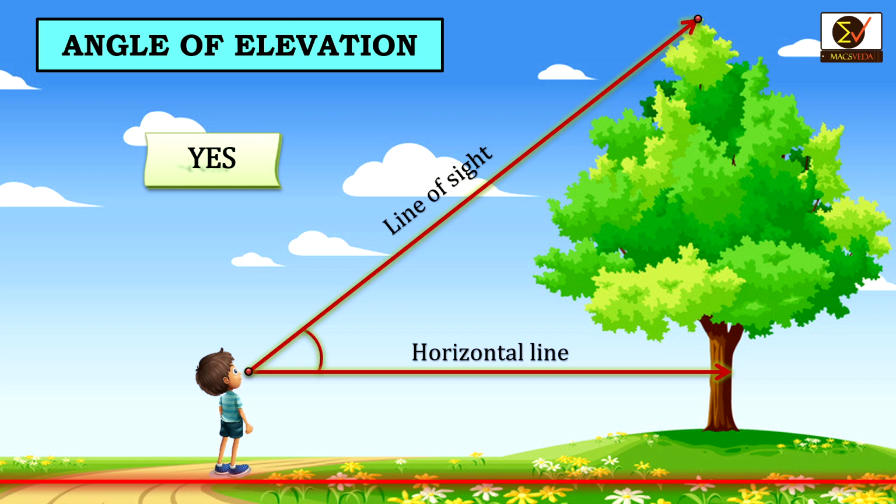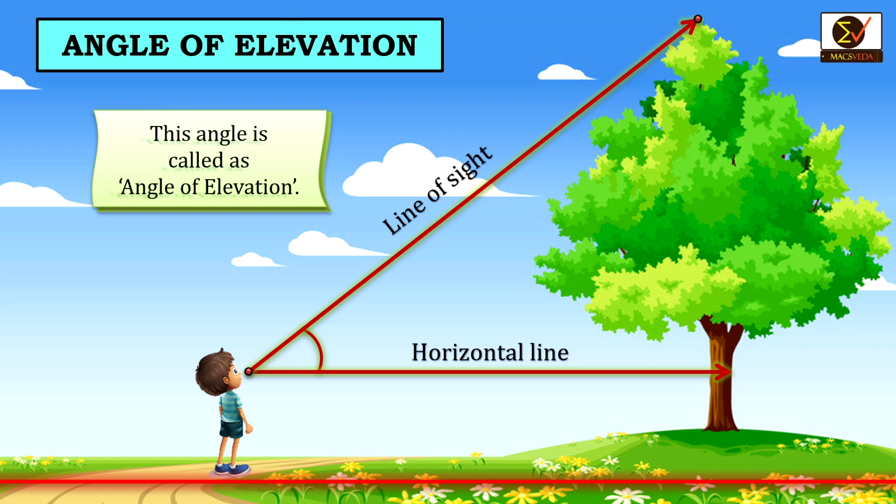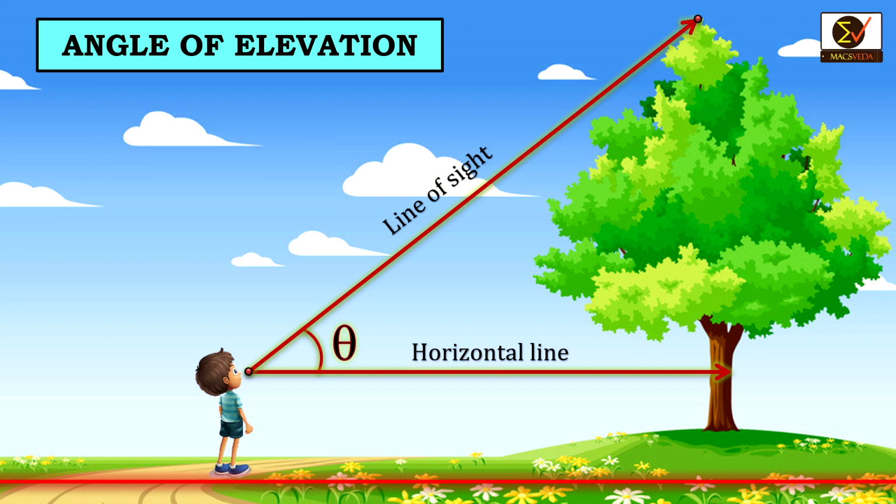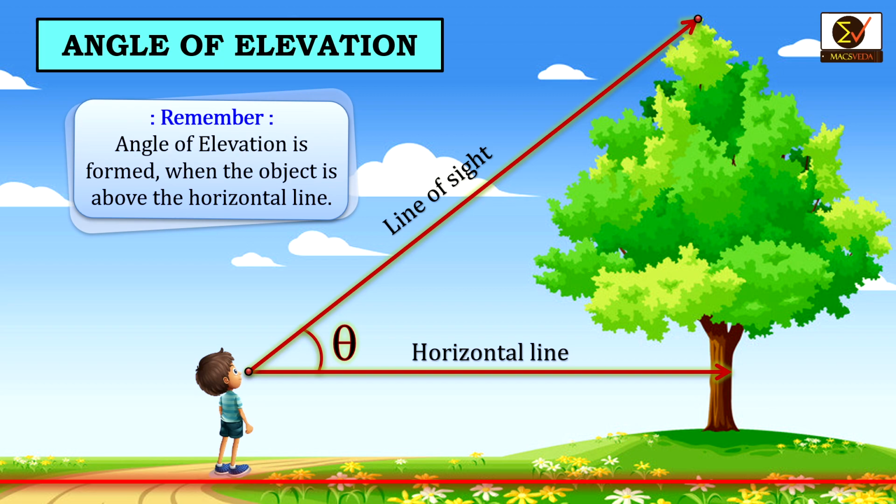Yes. And this particular angle is called angle of elevation. Let us denote it by theta. So what is angle of elevation? It is the angle between the horizontal line and line of sight, if the line of sight is above the horizontal line. Remember, angle of elevation is formed when the object is above the horizontal line.